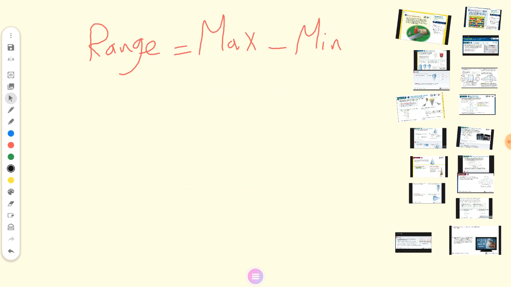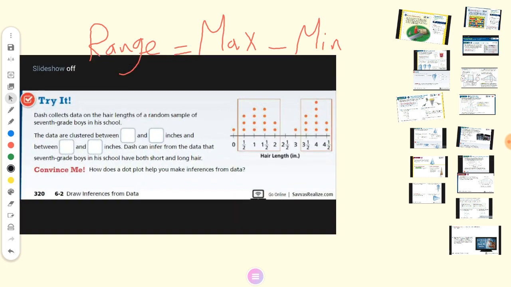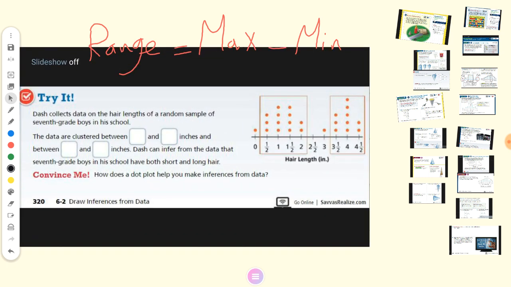As an example, I find the data is clustered between this amount of values and this amount of values. This question is about collecting data on the hair lengths of a random sample of 7th grade boys in his class. You want to see who has long hair or short hair.